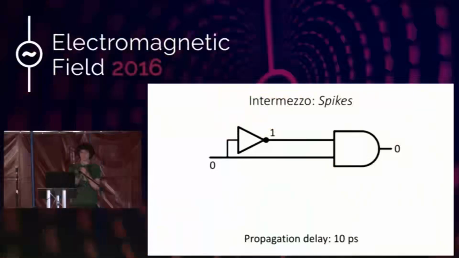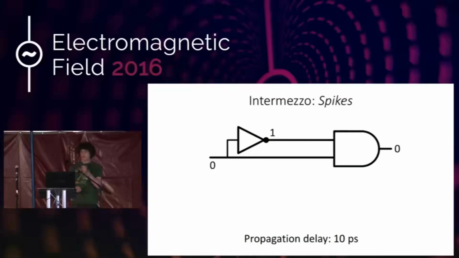However, these things are physical devices, so it takes some time for an AND gate, or any gate, to react on a change at its input. So let's say, for example, that a gate takes 10 seconds to update its output when the input updated.